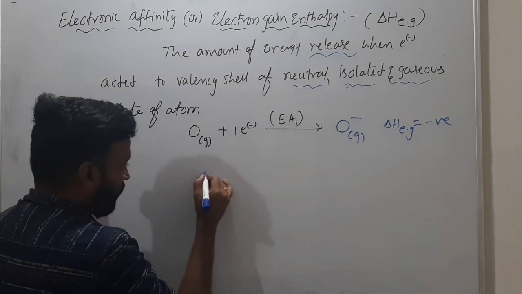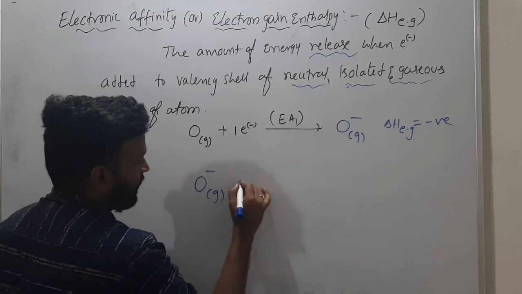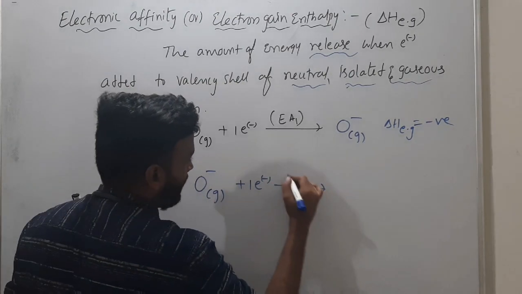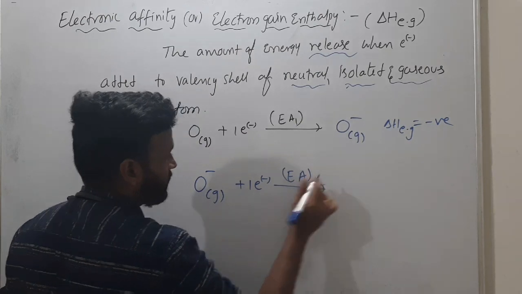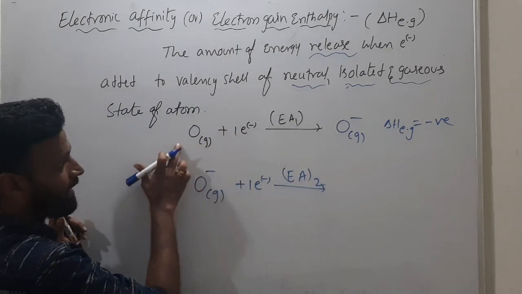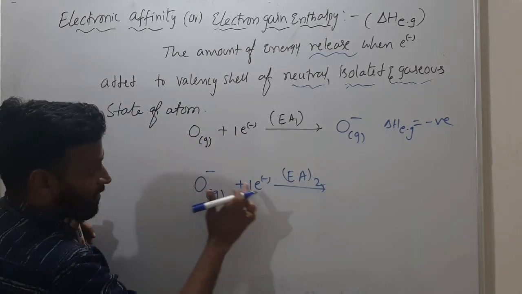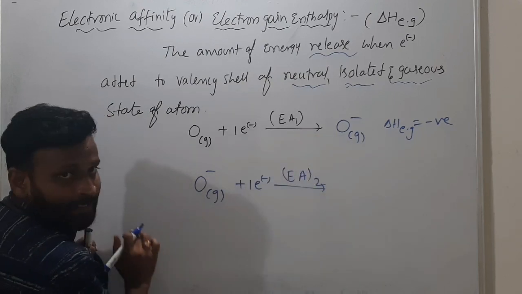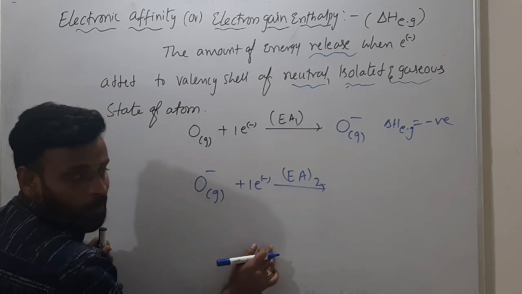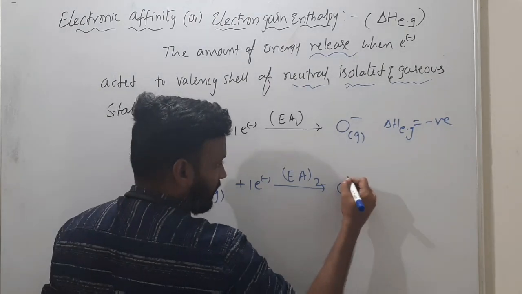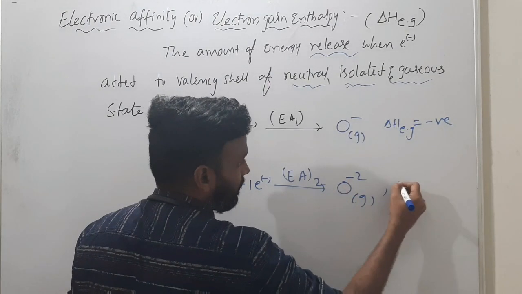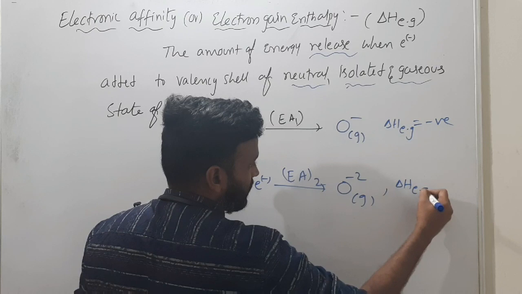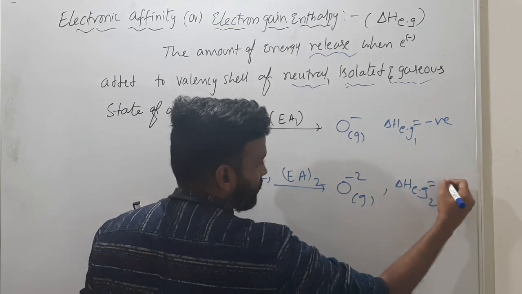For gaseous O minus, you are adding an electron, and this is called EA2, because the first electron is added to the neutral atom and the second electron to O minus. So this delta H Eg1 is negative and Eg2 is positive.